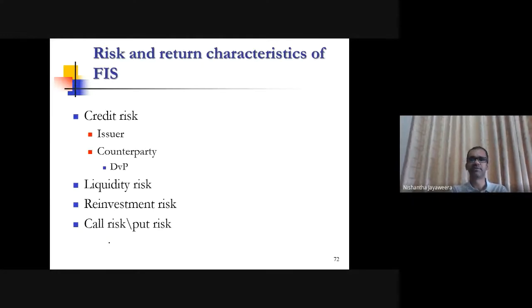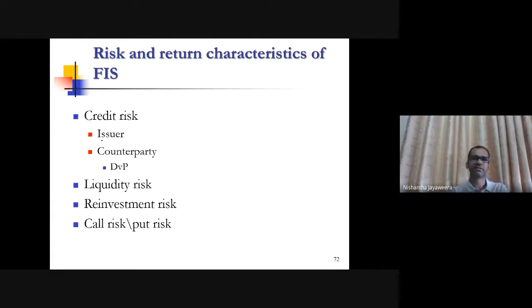That can happen. It may be a coupon payment or it may be the maturity proceeds. For whatever reason, the borrower or the issuer may not be able to pay it back. So that is the credit risk that we face from the issuer.